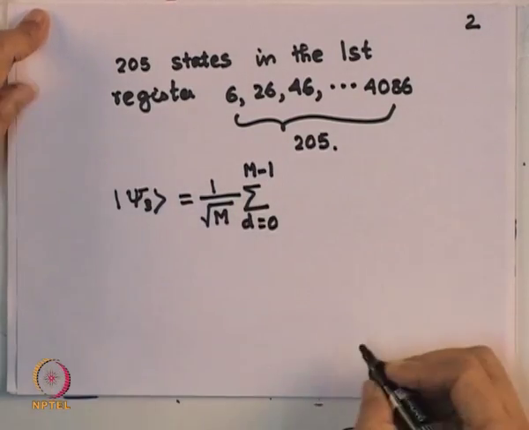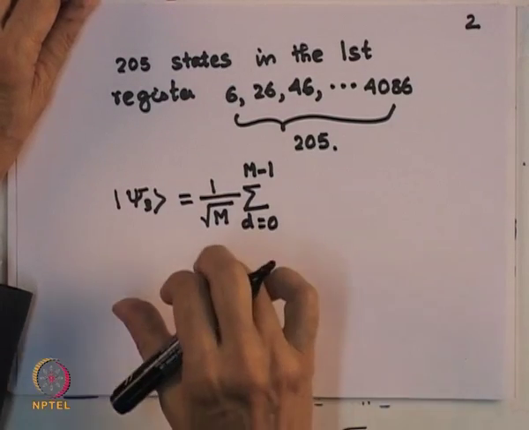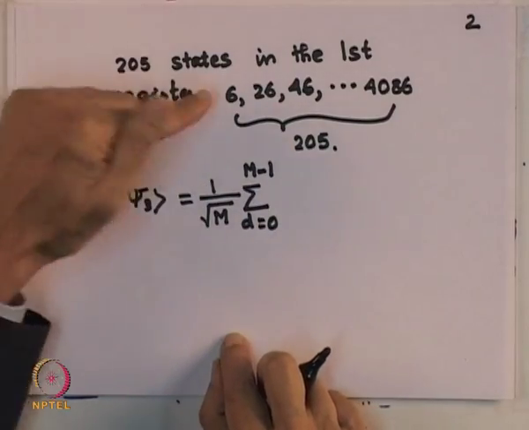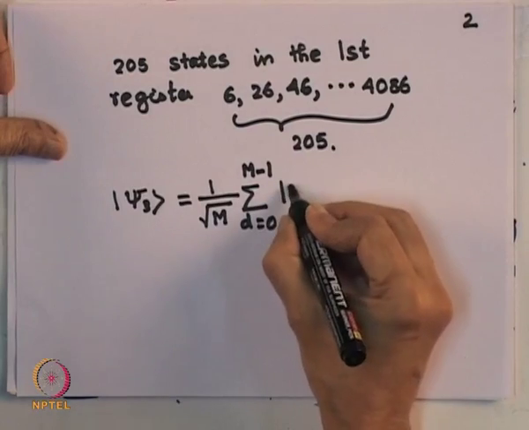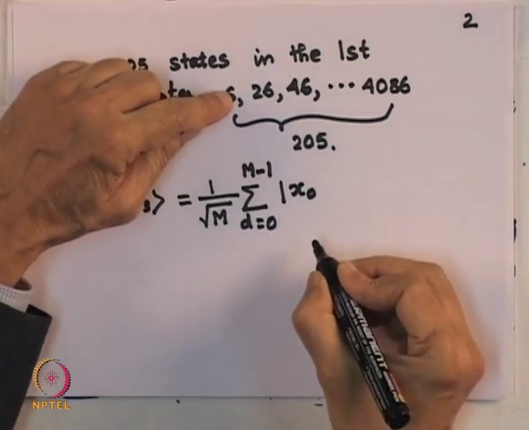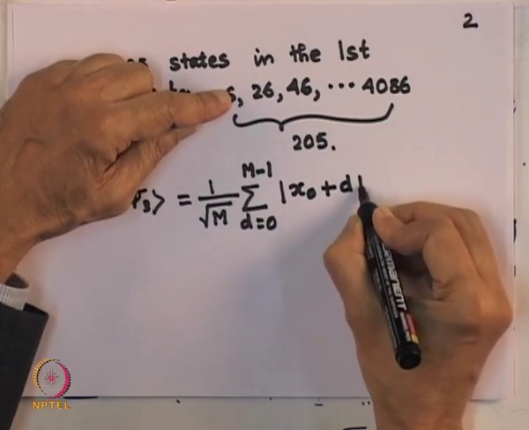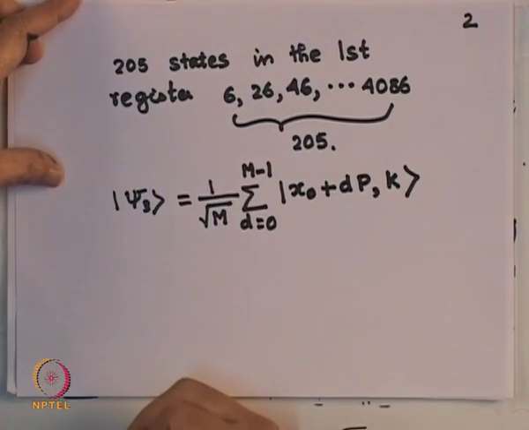D is simply an index of which period it is, whether the first 20, second 20, third 20, etc., in which this state lies. And this then would be the first one, x0, which is 6 in this case, plus d times p, and this k that we have chosen.